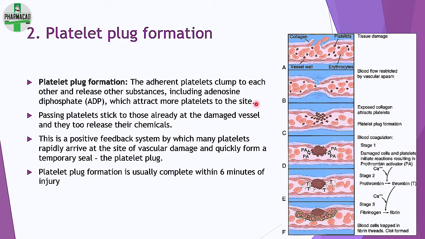Meaning first three came to the site, they stuck and they were like, oh come on, I need to call my friends. They called other friends through ADP. ADP is like their phone network. Through that they called and five came. And those five stuck to the previous ones. Those previous ones stuck to the vessel wall. Then the newer five will also call the other five, and then other five, and then other five.